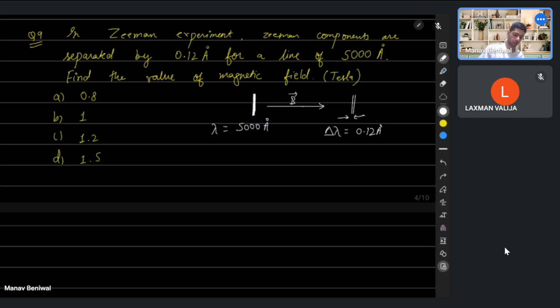So this is your Zeeman splitting, and this delta lambda is given by the equation eBλ² over 4πmc. If we rearrange this, we will get B as 4πmc Δλ over e times λ². Now we just have to plug in all the values.